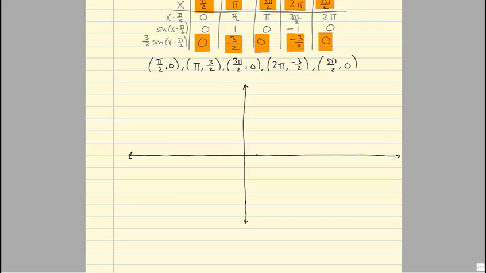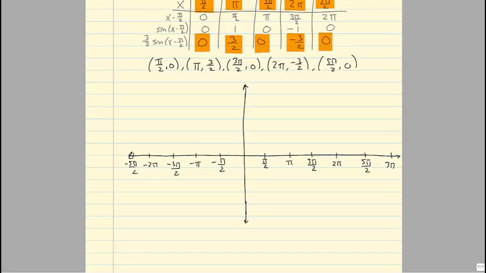Okay, so it looks like my important points are multiples of pi over 2. So I have pi over 2, pi, 3 pi over 2, 2 pi, 5 pi over 2, and of course if I wanted to keep going, 3 pi, negative pi over 2, negative pi, negative 3 pi over 2, negative 2 pi, negative 5 pi over 2.